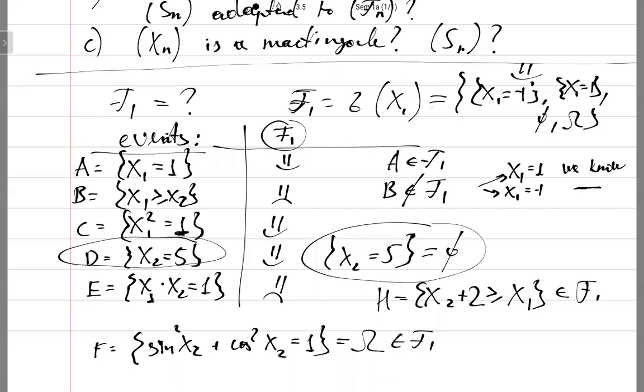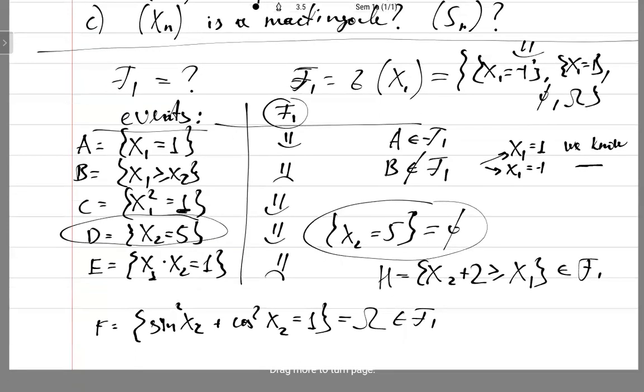So F1 just contains 4 events: X1 is -1, X1 is 1, empty set, and omega. Okay? Yeah, clear. Let's go on.